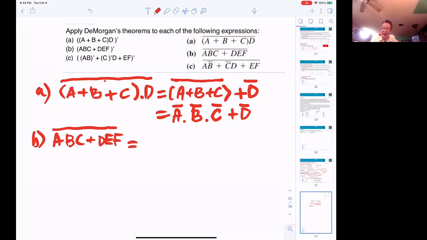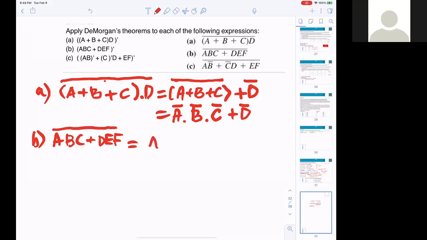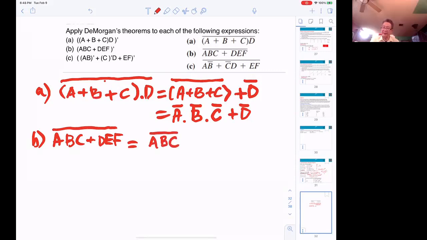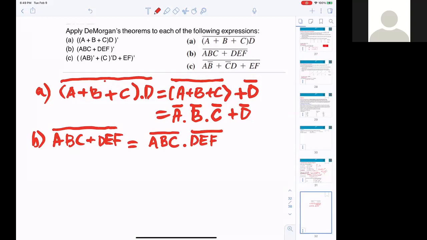I remove the bar. Okay. You can get A, B, C, not here. AND now will be times D, E, F with the bar. Break it again.